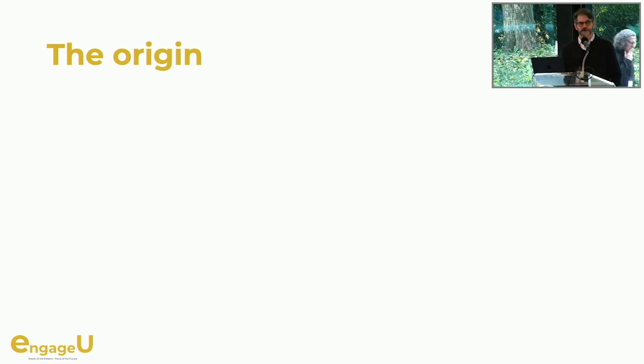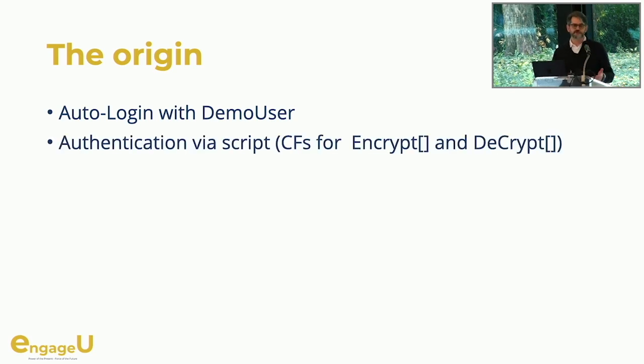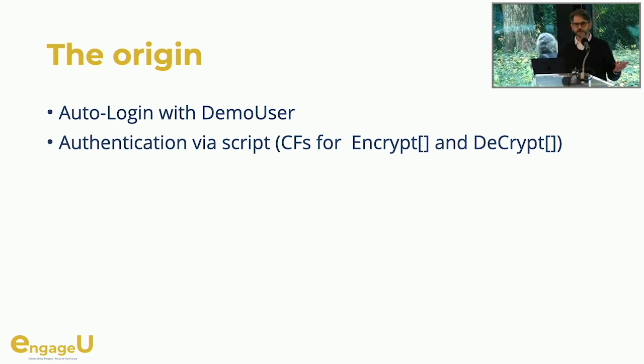The origin of our problem was that we had an auto login into our database with a demo user. And then you could re-authenticate with a script, and the script checked your password in a file with decrypt and encrypt custom functions.